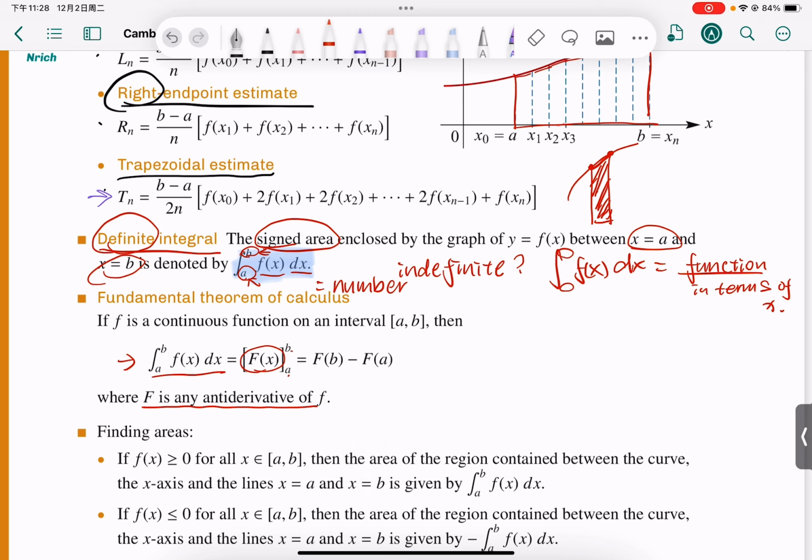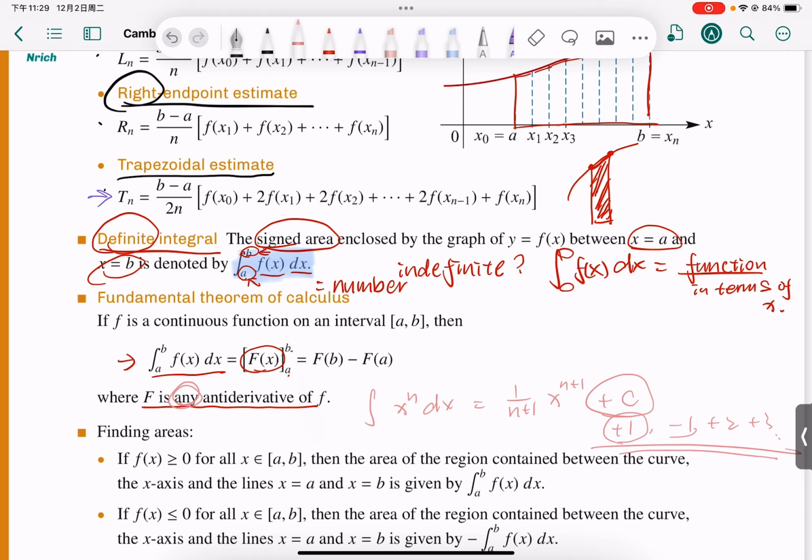What do we mean by any antiderivative? Remember when we talk about x to the power of n dx is equal to this one plus c. This plus c can be plus 1, minus 1, plus 2, plus 3, and so on. So any means any. It can be plus 1, it can be minus 1. For any of these options, it's the same.